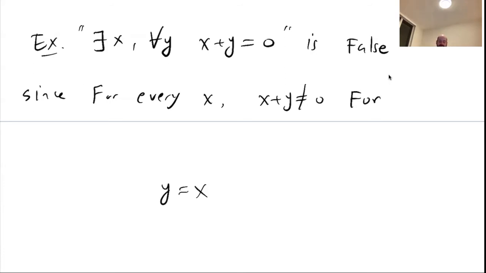I just know that x is some real number. That's all I know. It could be anything. So y equals x works, but only in the case that x is not 0. If x is 0, then x plus x becomes 2x, which will be 0. I want x plus y to be not equal to 0 for sure. So which y value should I use?